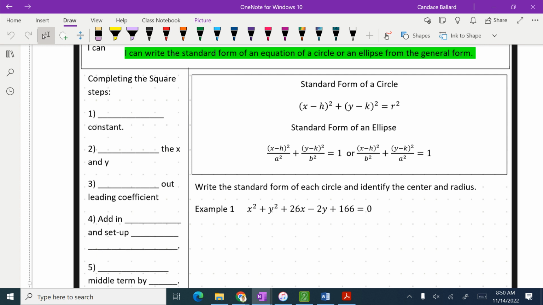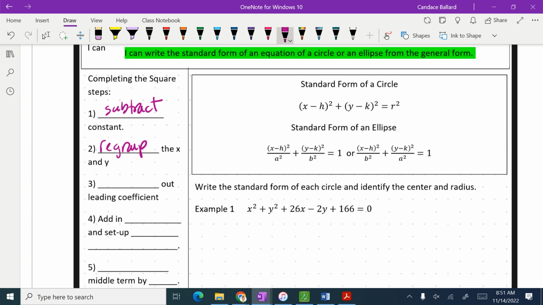Okay. All right, so first thing we're going to do, instead of subtracting the constant last, we're going to subtract the constant first. Then we're going to regroup the x and the y. I'm going to call it regroup. Just like we just did with the exponents, how we moved the bases that were the same together, we're going to move all the things with x together. We're going to move all the things with y together. Okay.